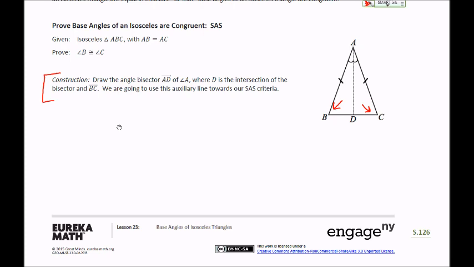Let's get started. We always begin a proof with the given. I will next use the hint and draw in the angle bisector AD.